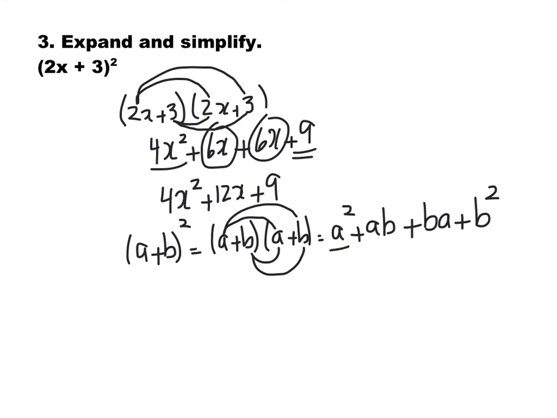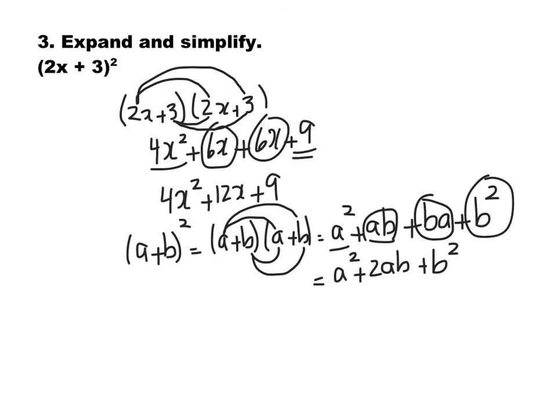Now there is no like term to a squared, so I get a squared. ab and ba are the same, so here I get plus 2ab plus, and the last one is b squared.